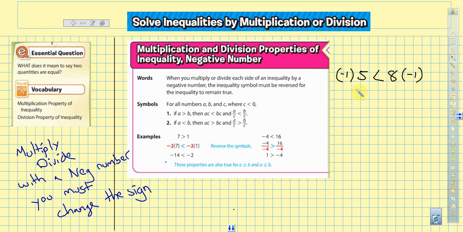Now I'm allowed to do that because I'm multiplying the same number to both sides. What happens if I don't change the sign? I'm multiplying with a negative. I just told you you must change the sign. What happens if I don't? I end up getting negative 5 is less than negative 8. And now it's not true.